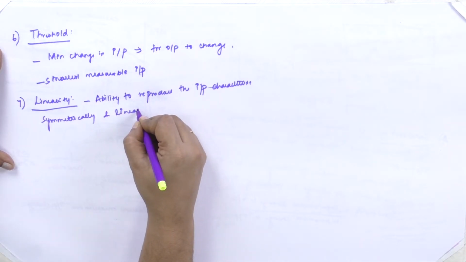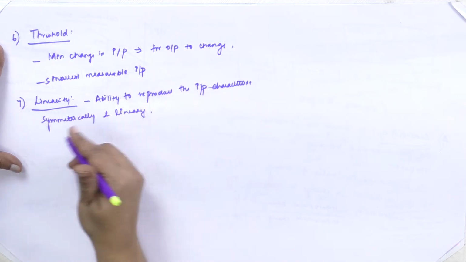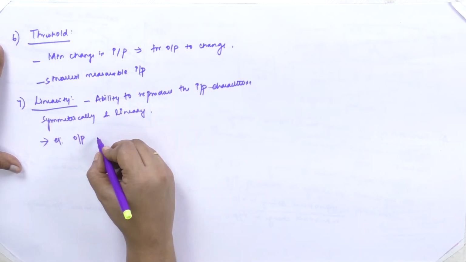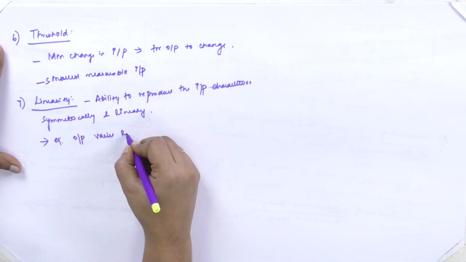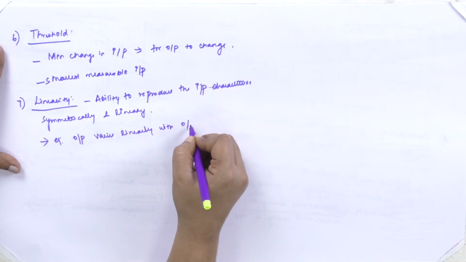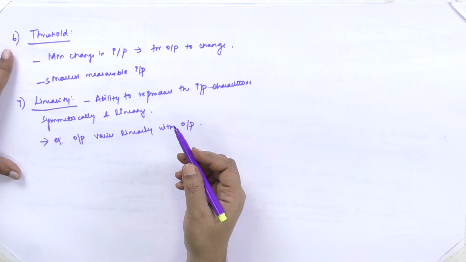That is, the output varies linearly with input. For example, if the output of any instrument varies linearly with input, we can say that the system is linear. That property is called linearity.